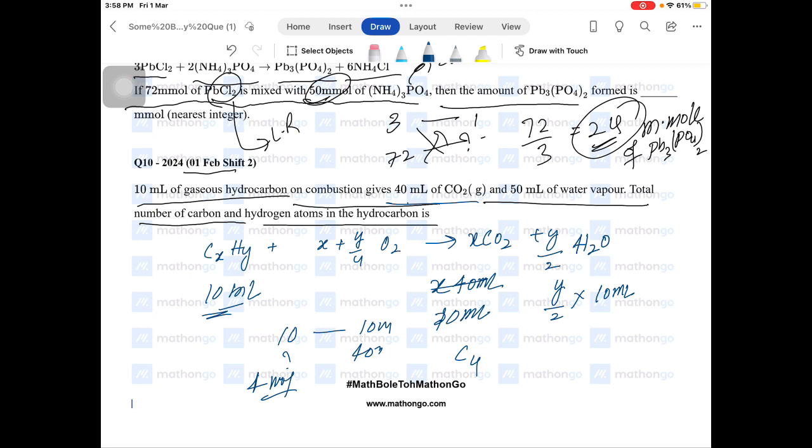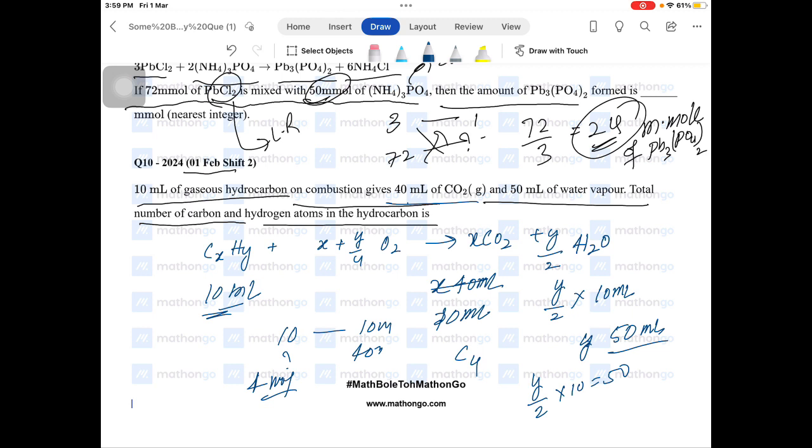Hydrogen: 50 ml of water is produced, so y by 2 into 10 is equal to 50 ml.